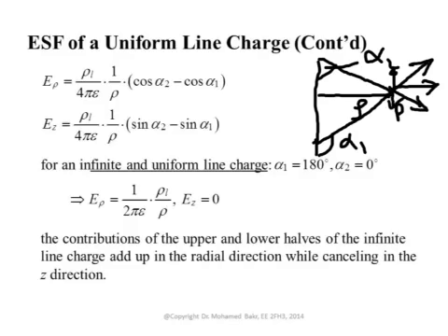This is very similar to some of the results we have shown earlier. So this is the expression. You should always remember this expression, that the field resulting from an infinite linear charge is inversely proportional to the normal distance from that wire, and it's pointing in the direction normal to that wire.